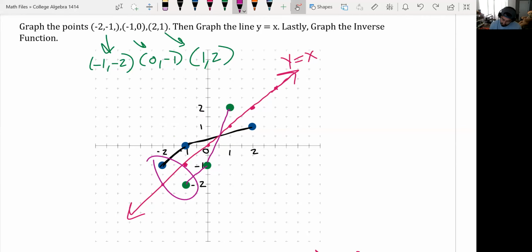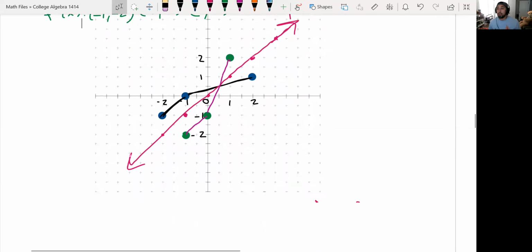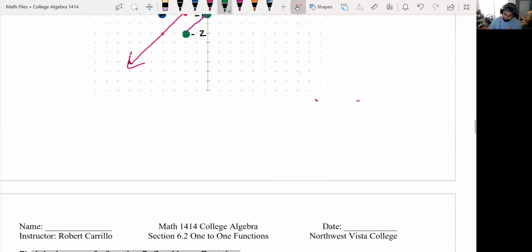So this graph looks pretty symmetric because these functions are definitely inverses of each other. Okay, good fun. There you go. Okay, f inverse of x. Okay, so that's graphically.